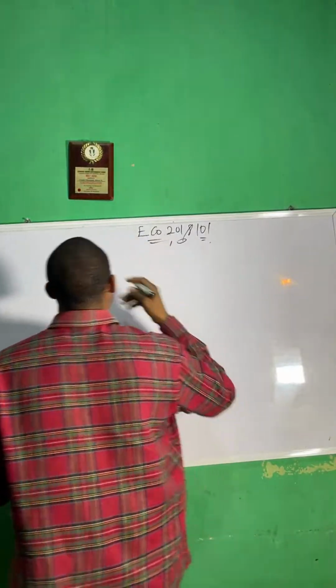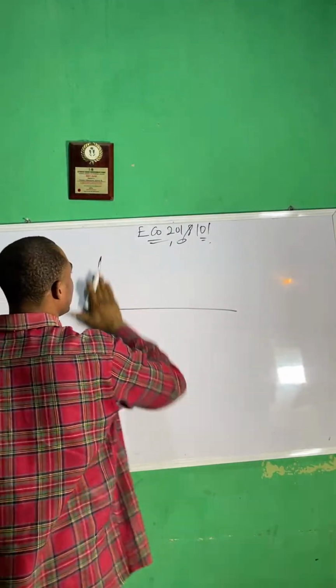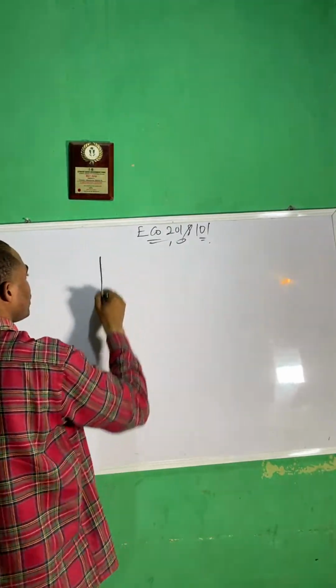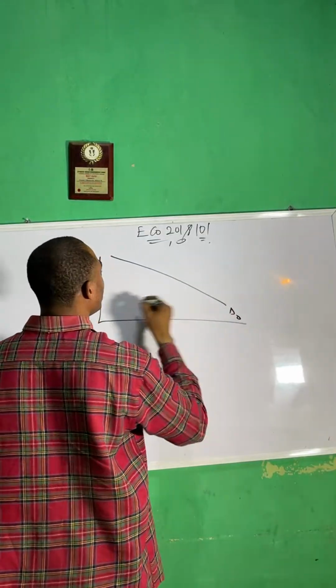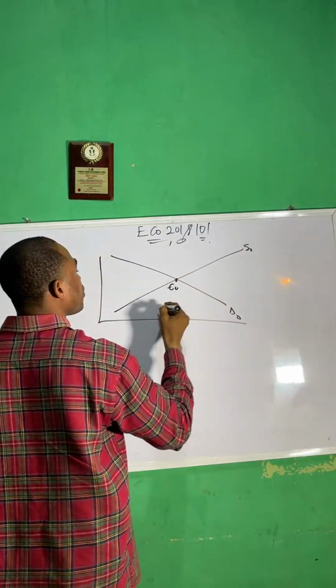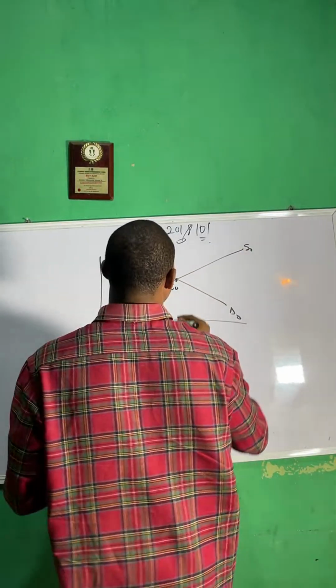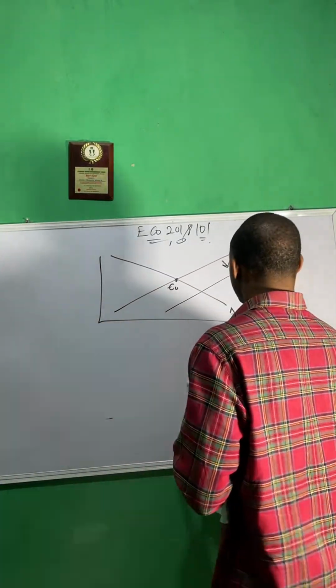So we move to this place. This is another curve. This is the initial demand point, DO, and the initial supply. This is our EO. Now supply increases to this.